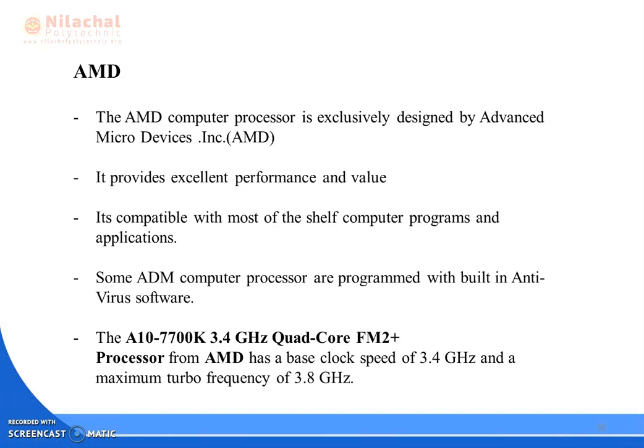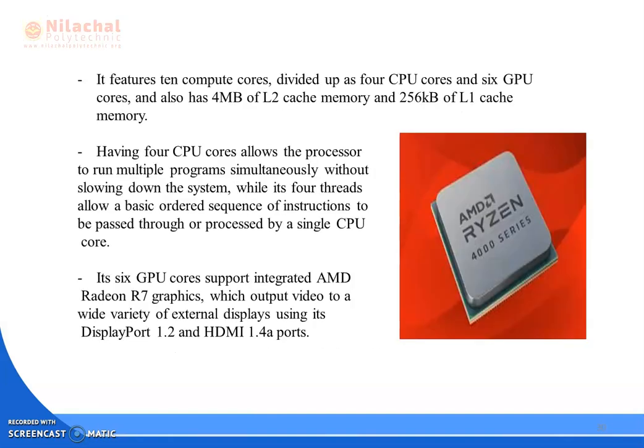As the basic specification, its base clock speed is 3.4 GHz and its maximum turbo frequency is 3.8 GHz. Besides that, it features 10 compute cores divided into 4 CPU cores and 6 GPU cores, and also has 4 MB of level 2 cache memory.